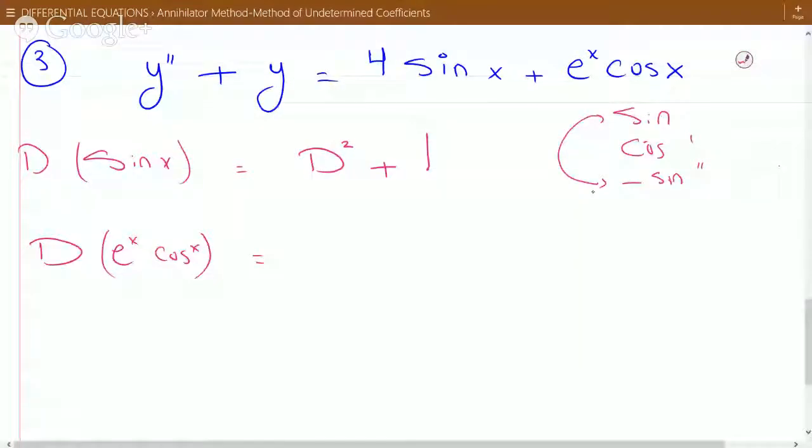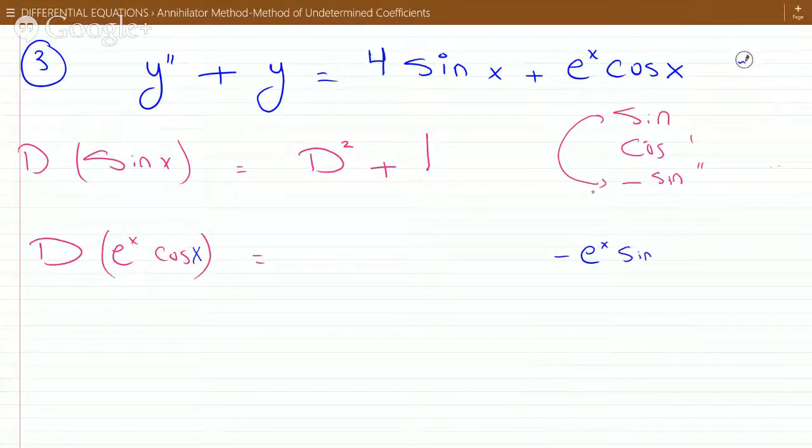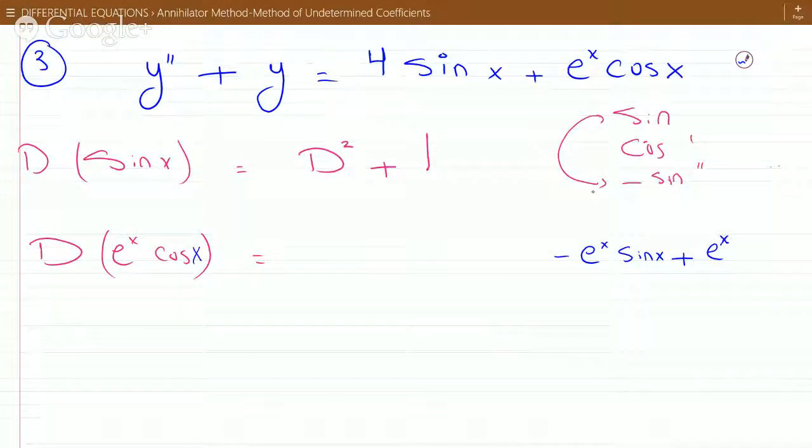We will get e to the x cosine x minus e to the x sine x, using the product rule. The derivative of the first is just e to the x, times cosine x, minus e to the x sine x. Now, clearly you can't make those go away because you've got another sine here.